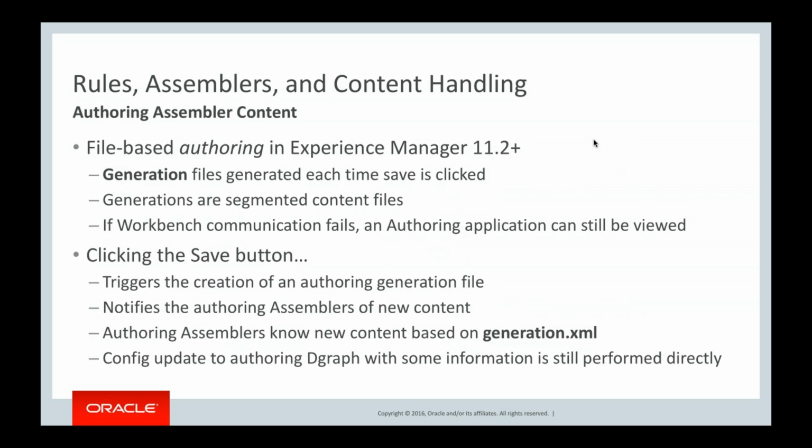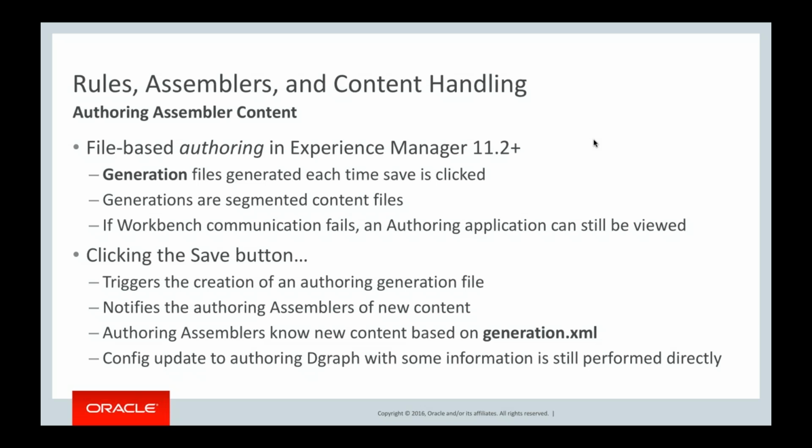Stepping back here into the authoring D graph, giving a little bit more definition of what's occurring. When you're working with Experience Manager, working within these projects, and you make a save, and you want to see that change, on the backside, what's occurring is we're creating a generational file.